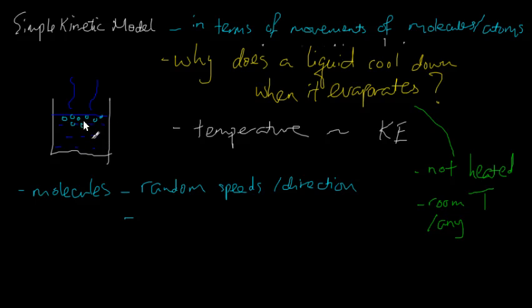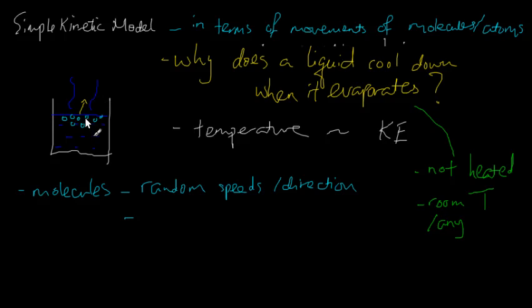Now those in the surface that just happen to be moving in an upward direction, there must be some, surely, because it's all random. And those that happen to have a larger kinetic energy might just be able to overcome the attraction from their neighbors and escape.